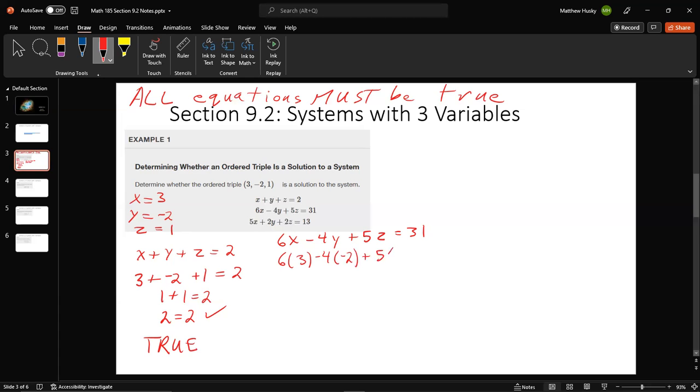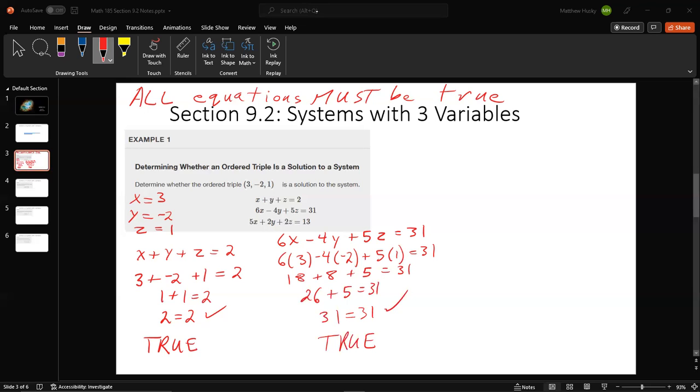And for z, we're going to replace it with a 1. 6 times 3 is the number 18. -4 times -2 is +8. 5 times 1 is 5. 18 plus 8 is the number 26. Plus 5 is 31. And lo and behold, that gives you 31 equals 31. So that also checks out. That is a true statement. So we have two of the equations so far are true.